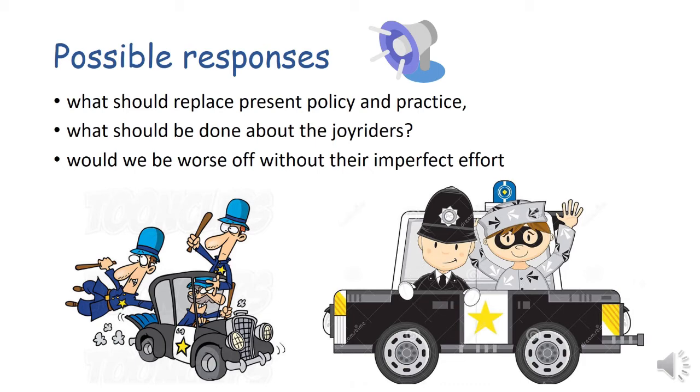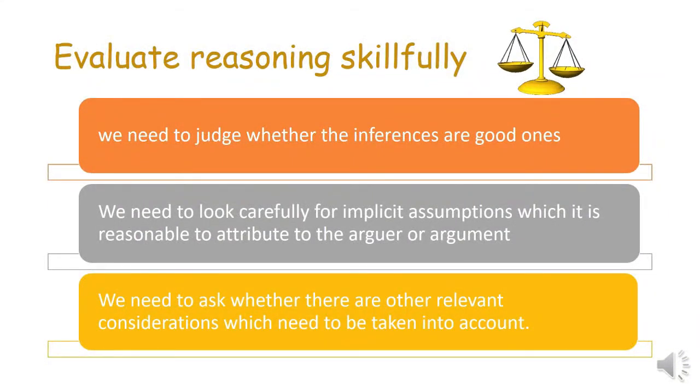In short, if you ask the right questions, you may see the argument is quite reasonable, or you may see the problem with a piece which otherwise looks quite powerful. But remember, it is important to apply the thinking map to your own argument too. Moreover, if you are going to evaluate reasoning, you need to judge whether the inferences are good ones.